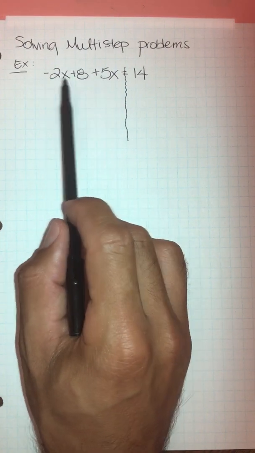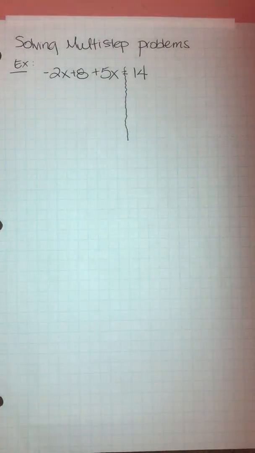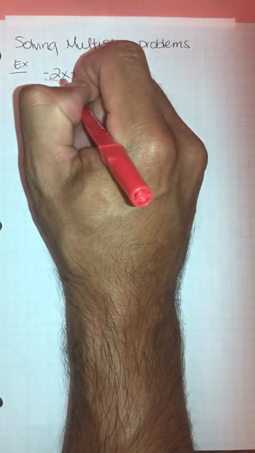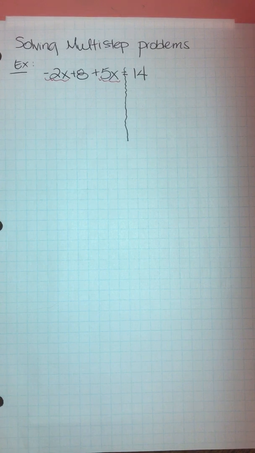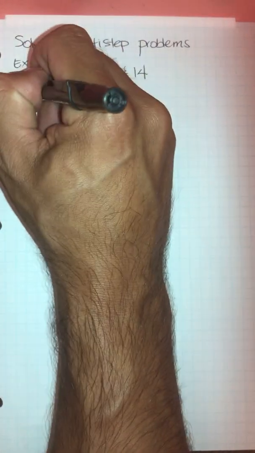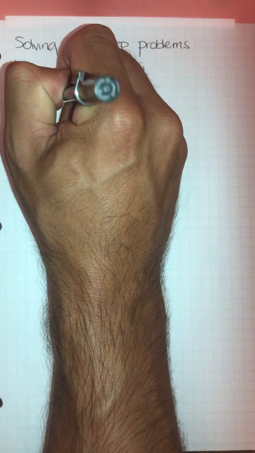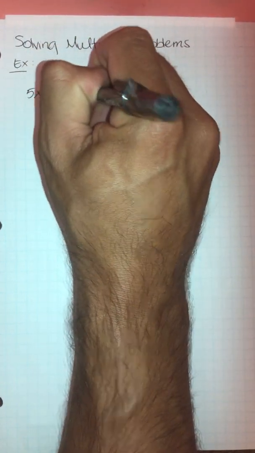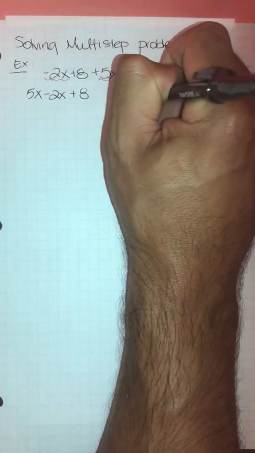Okay. Once again, this negative 2x and this positive 5x. Those are the same. So what we're going to do, ladies and gentlemen, is let's go ahead and combine those two together. Let's just go ahead and bring the 5x to the front. We say 5x minus 2x plus 8 equals 14.